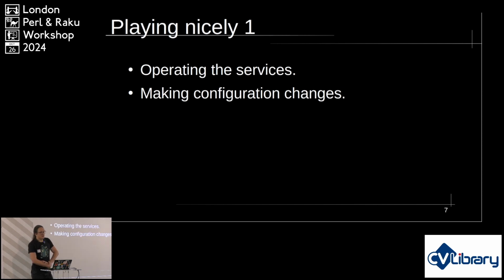Okay, so I did say playing nicely in the cloud, and for me there's a couple of aspects of that. There's firstly actually operating it, so making configuration changes to your cloud configuration, operating the services themselves.